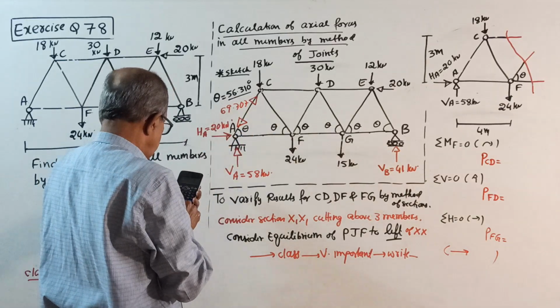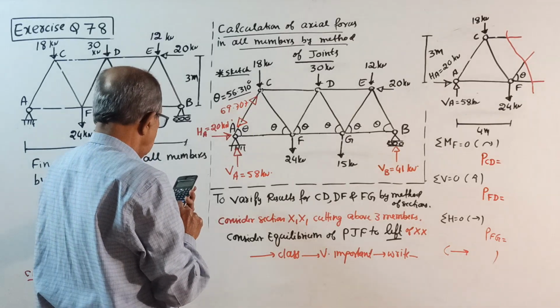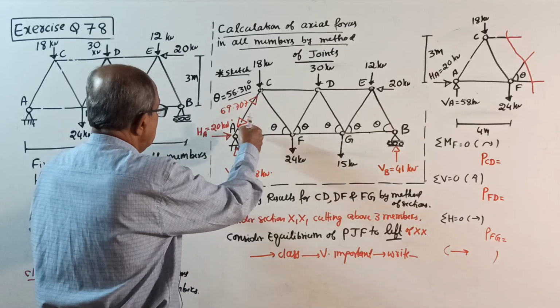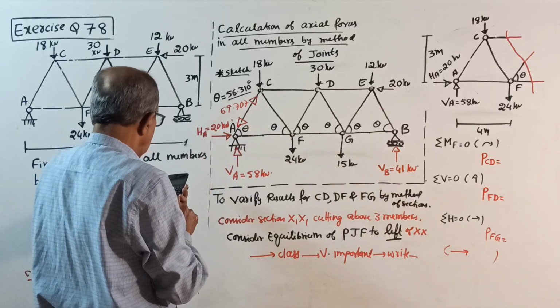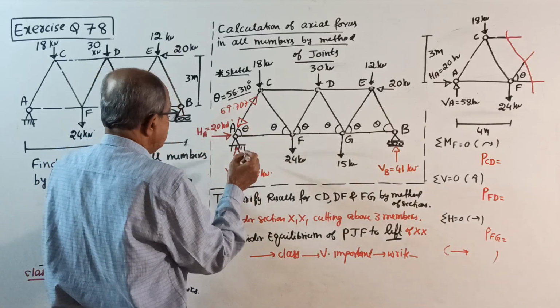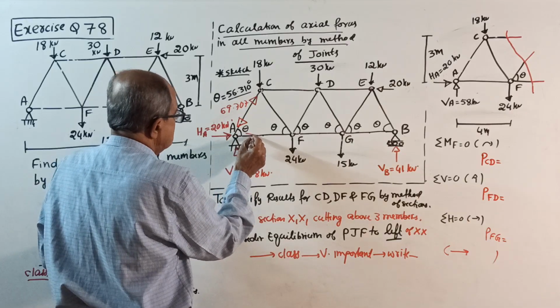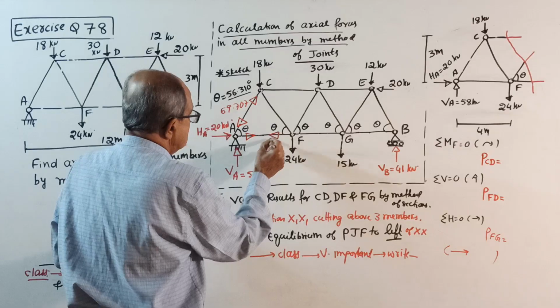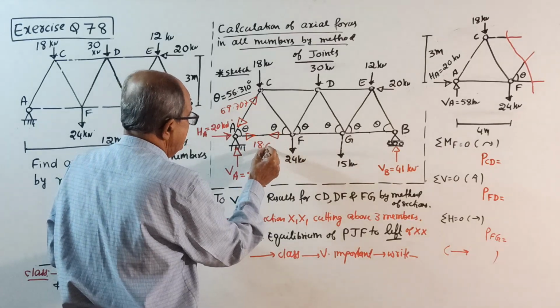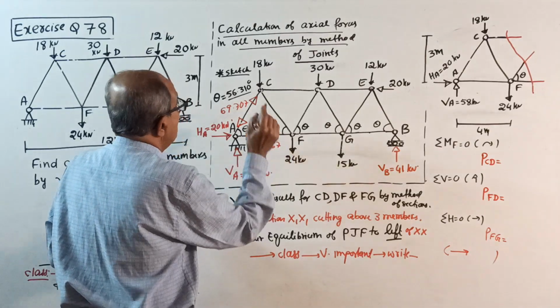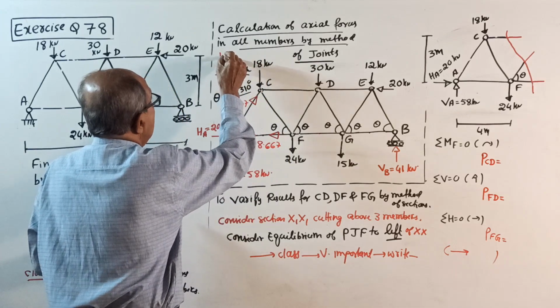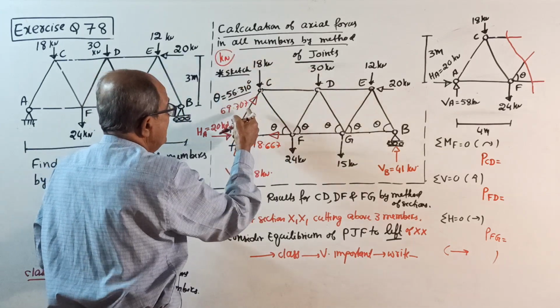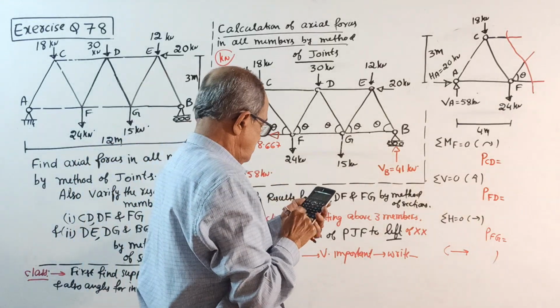Angle is here. 56.31 is 38, this side minus 20, 18.667. See, all values are in kilonewton. I won't write it, because if I write kilonewton, it will take some space.